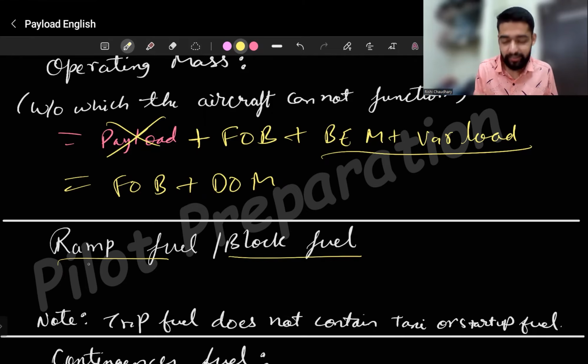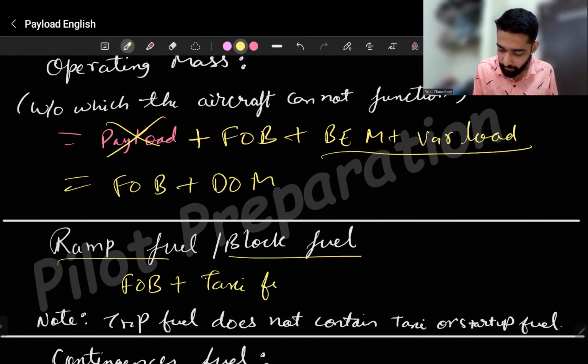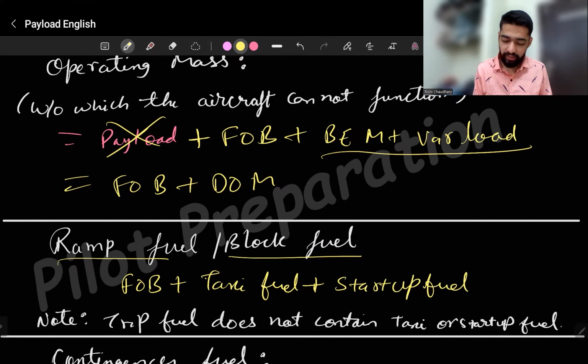So that is nothing but ramp fuel, or block fuel. That is total fuel on board plus taxi fuel, and it also has startup fuel. So we can say ramp fuel is nothing but fuel on board, taxi fuel, and startup fuel.